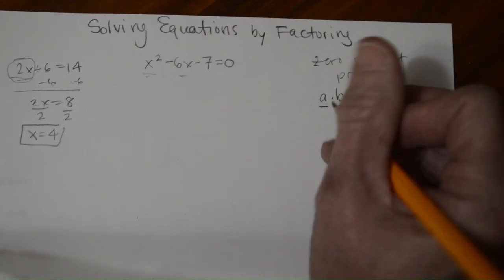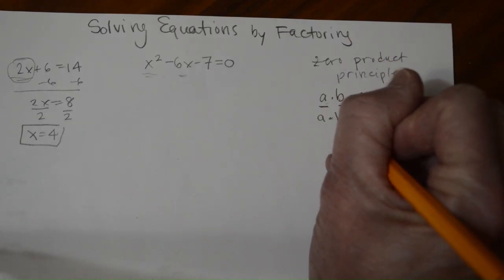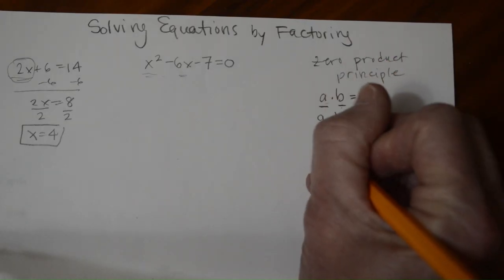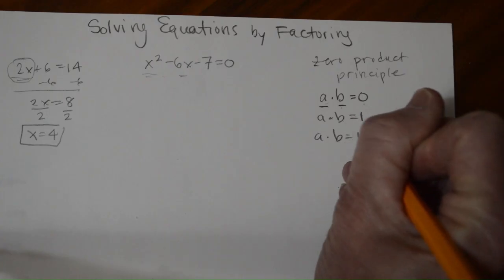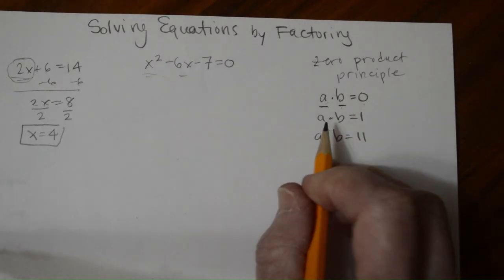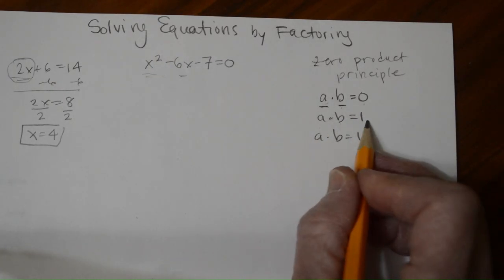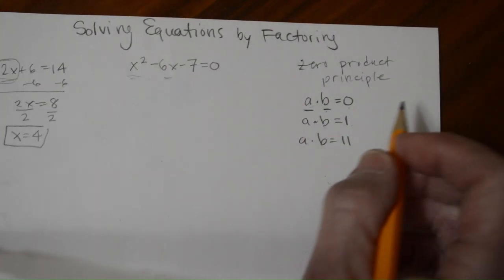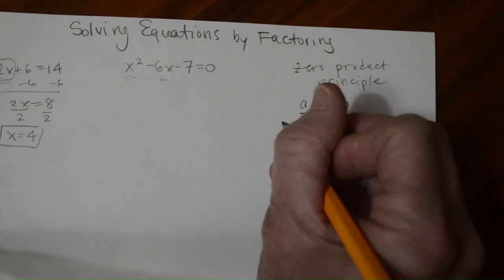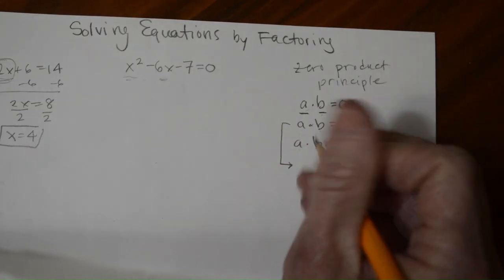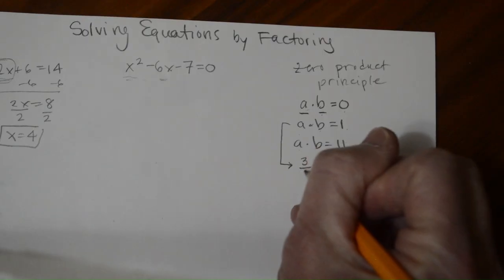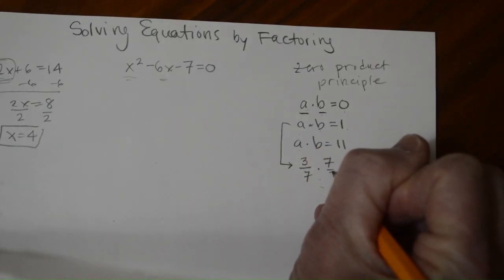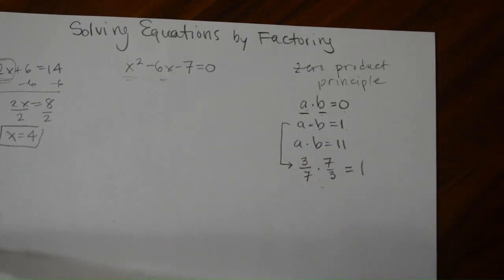But if I have something like A times B equals 1, or A times B equals 11, I have no guarantees that either A or B is going to be 1, or either A or B is going to be 11. For example, in A times B equals 1, I could have A equals 3/7 and B equals 7/3, and I'm going to multiply them together and get 1.